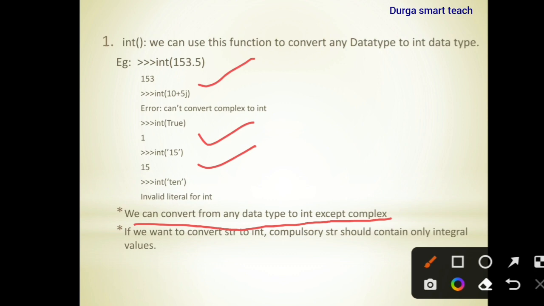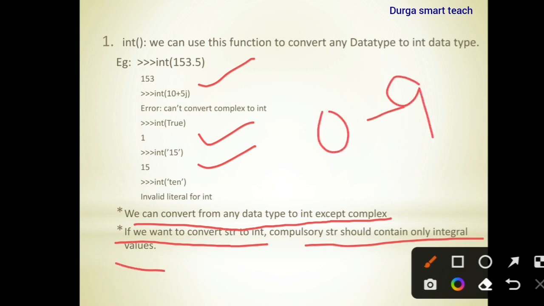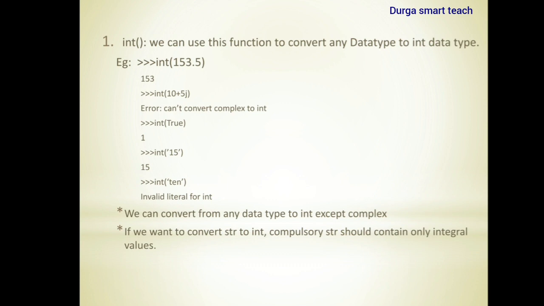If we want to convert a string to int, compulsorily the string should contain only integral values, 0 to 9. The string should not contain alphabets, because alphabets are not possible to convert to integer type. So this is int typecasting. By using the int function we can convert any data type to integer data type.